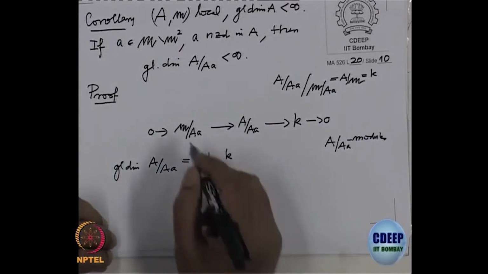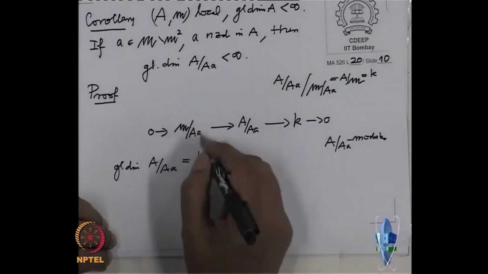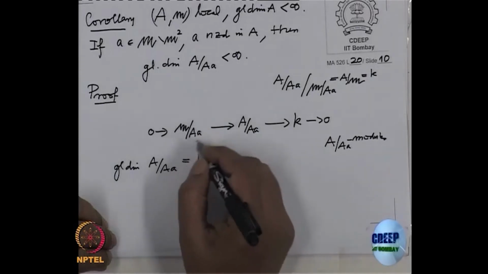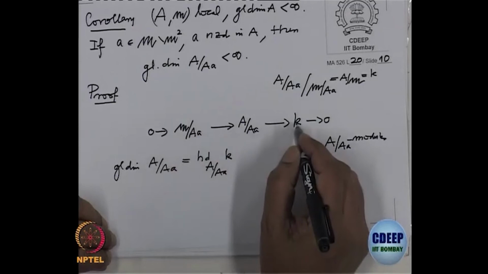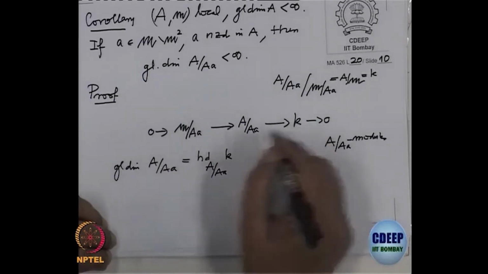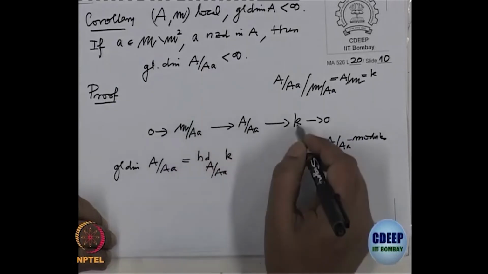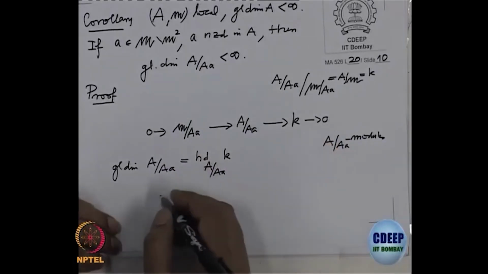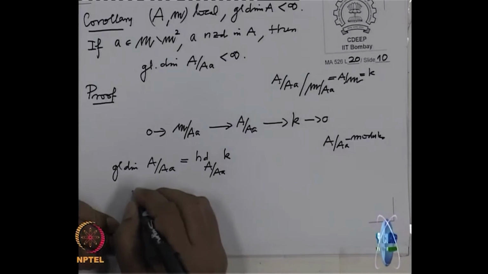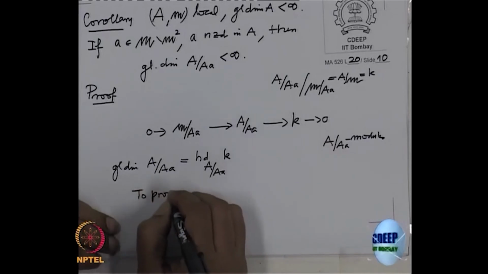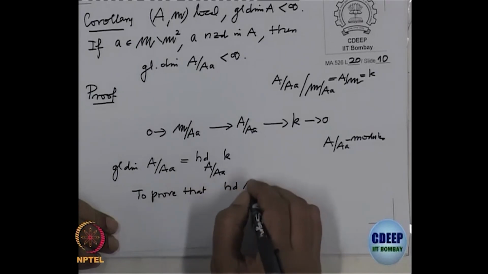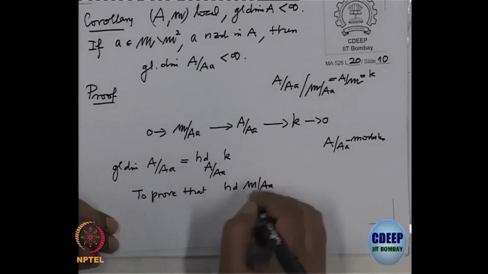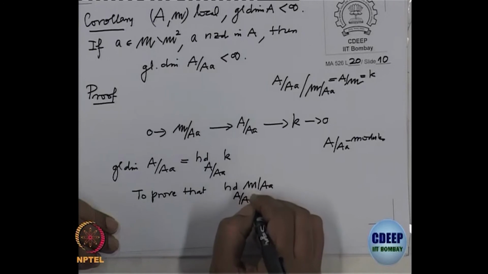So, it is enough to prove that the homological dimension of this is finite, because this is a short exact sequence, and we have seen earlier how homological dimensions are related to this. I think this is one more than this. So, enough to prove that the homological dimension of M by aA as an A by aA module is finite.